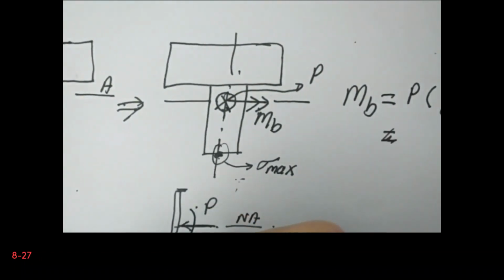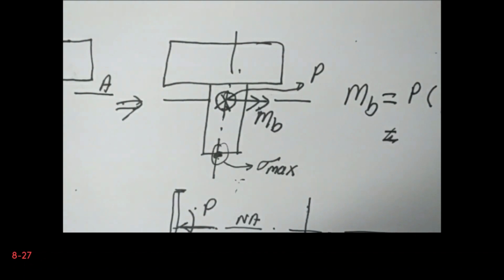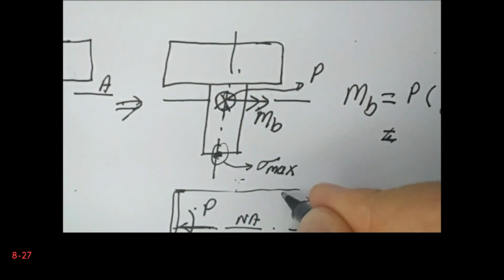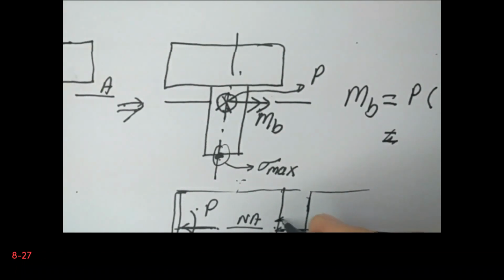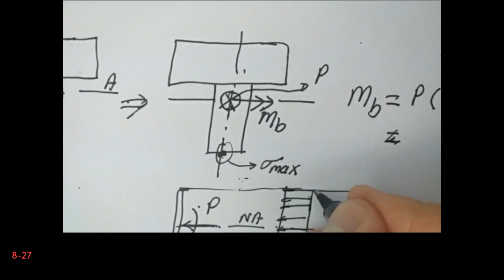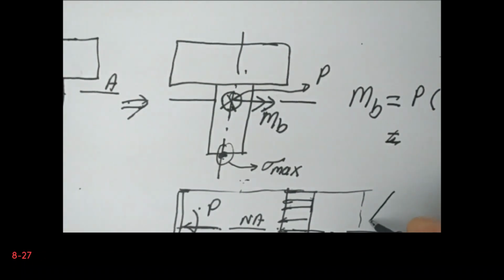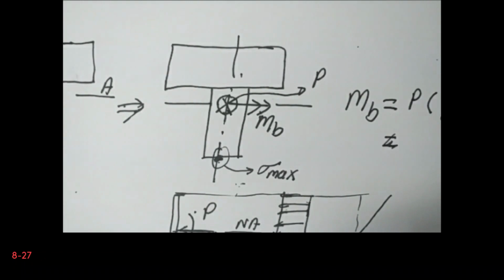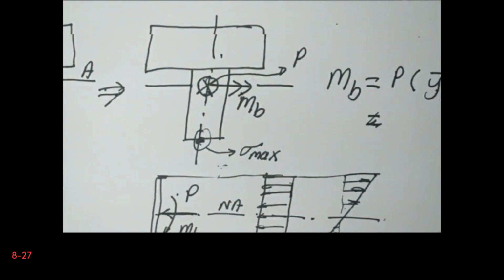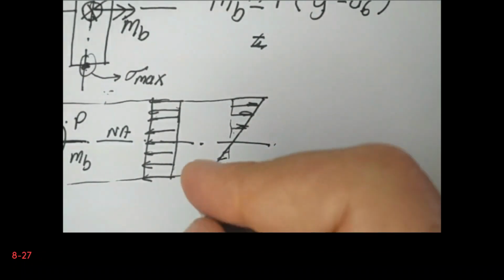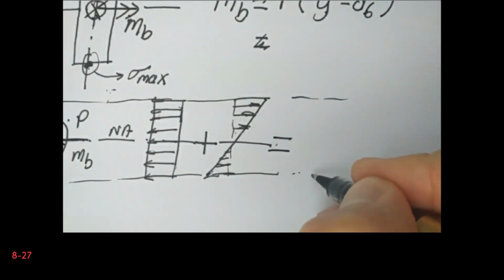So certainly force P will generate a uniform stress distribution, which is compressive, and of course the bending moment will generate such a stress distribution, and the result of these two stresses will be something like this.